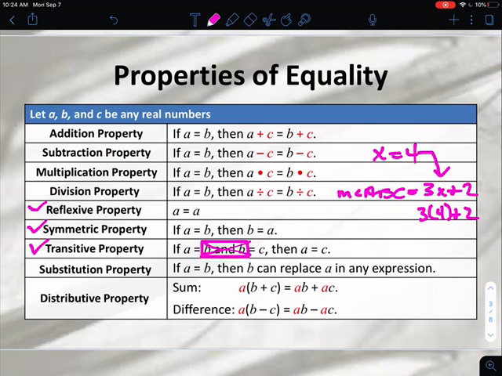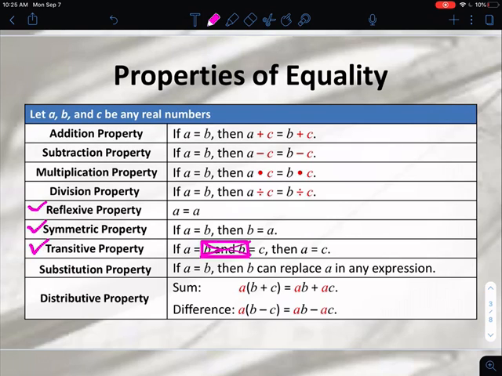So I can take 3 times 4 plus 2. So substitution is just allowing us to take one thing and replace it with another. Or you might see an equation where, well, we'll see some examples in a little bit here. So you'll see what that substitution property looks like.